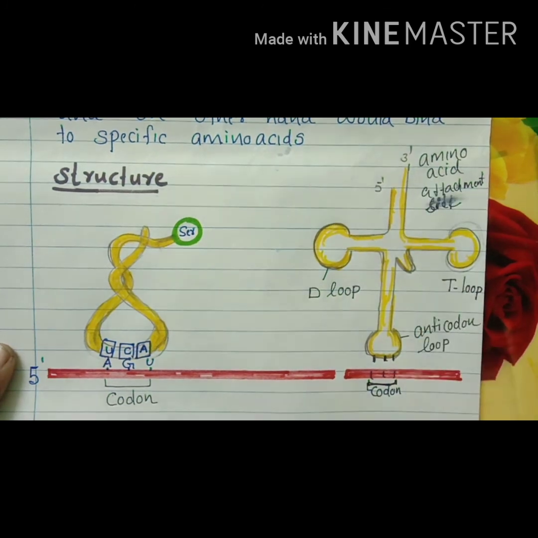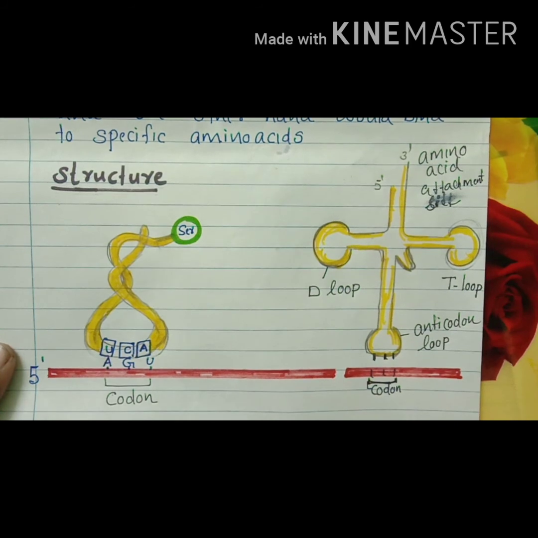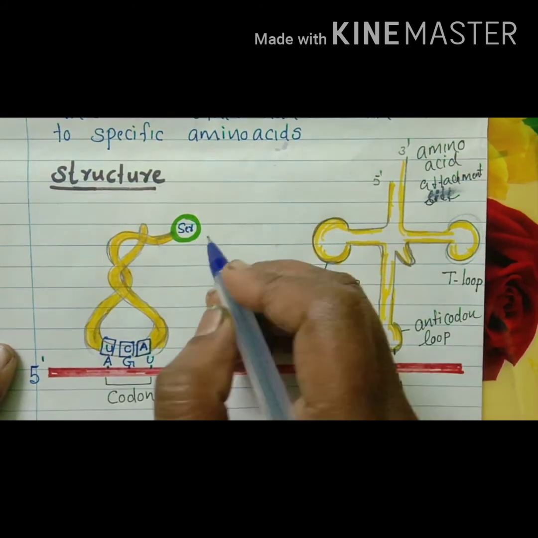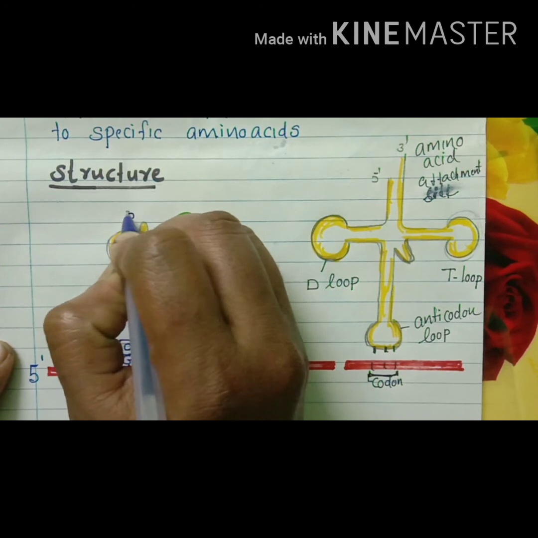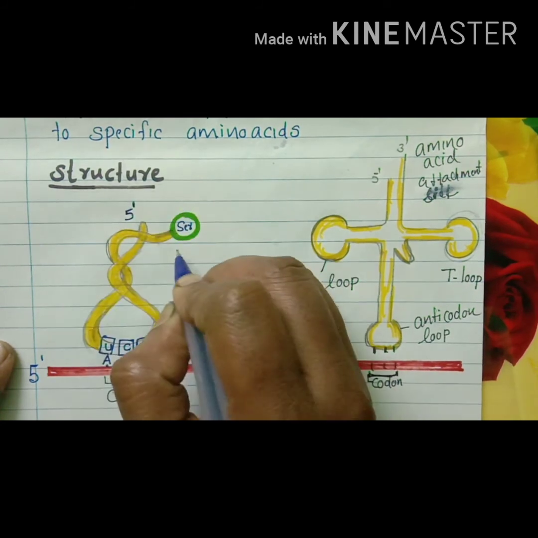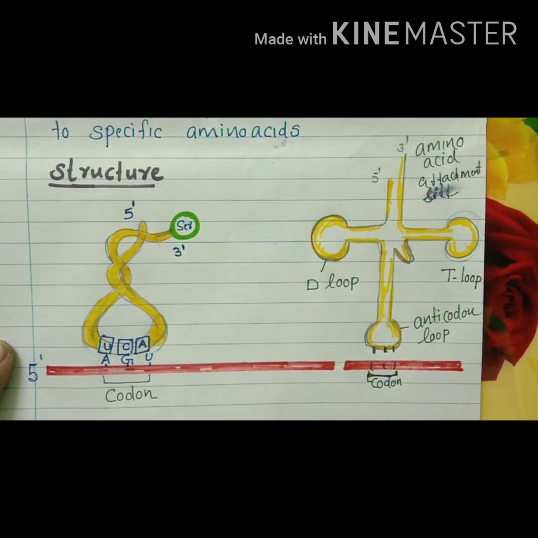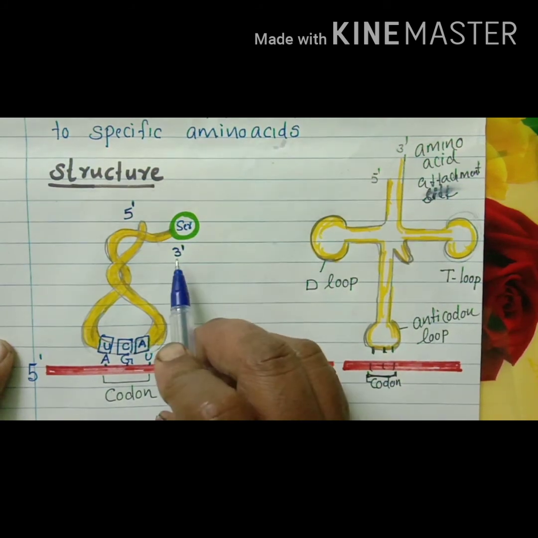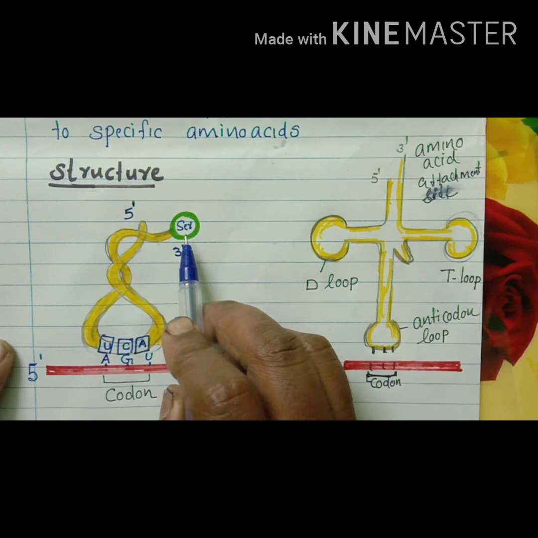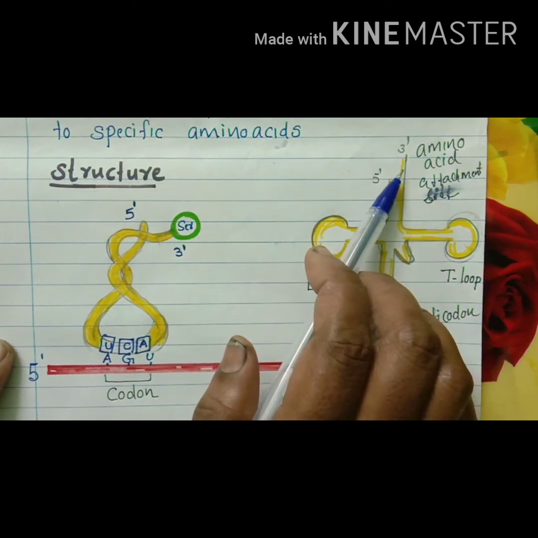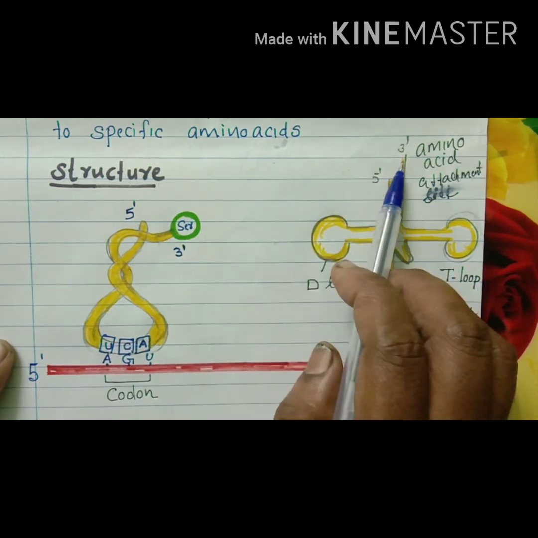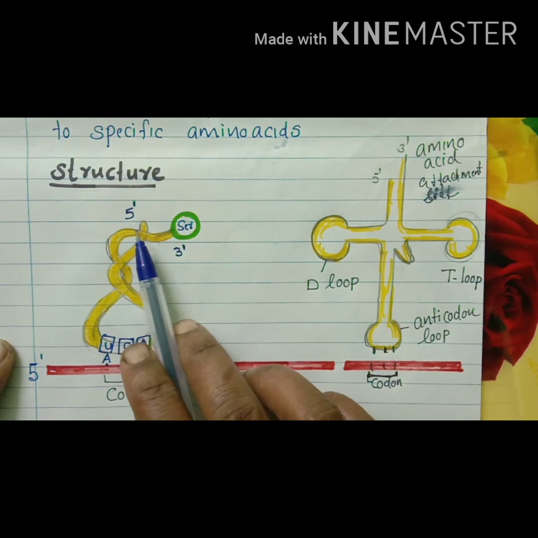tRNA is a single stranded structure, isn't it? It has 5' polarity at one end and 3' polarity at the other end. On the 3' end, the amino acids are binding. So this is the amino acid attachment site on the 3' end, and the opposite end is 5'.